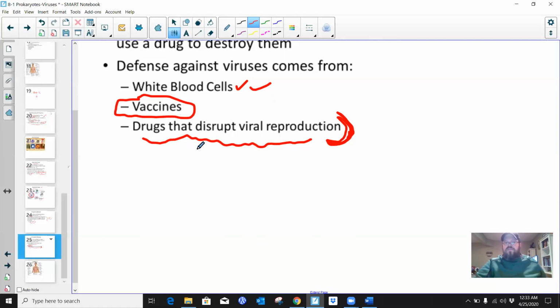Vaccines basically trick our immune system. When we get vaccinated, it causes our bodies to have the ability to recognize and respond to these invading viruses. That way, if there is a future exposure, our immune system already has a resistance to it.